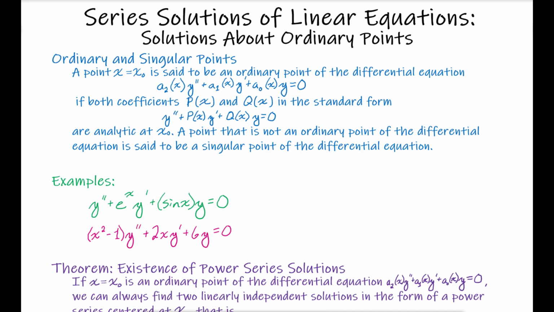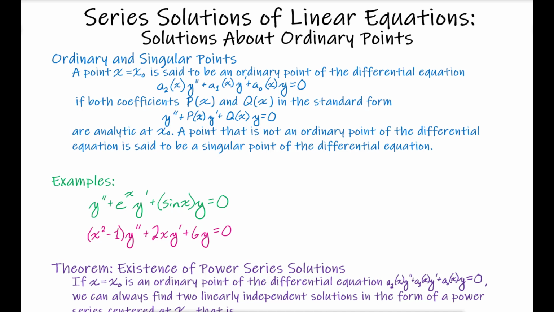So remember, we get from our differential equation with our a of x coefficients to our standard form by dividing all of our coefficients by a sub 2 of x. So p of x is going to be a sub 1 of x divided by a sub 2 of x, while q of x is going to be a sub 0 of x divided by a sub 2 of x.